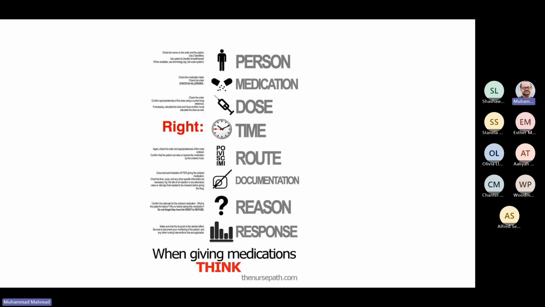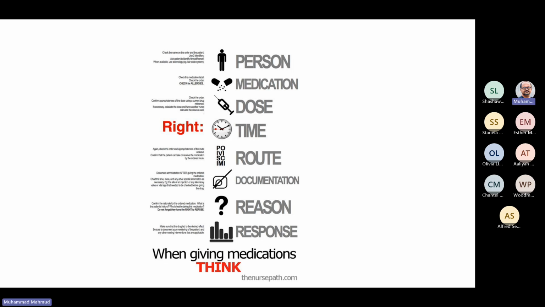For the doses, yes, it should be within the normal range. If anything unusual, always ask questions. Right time can be in the morning, afternoon, and evening, but usually, say for example, diuretics are given in the morning or afternoon, never in the evening. If you find something like that, just check with your supervisor.